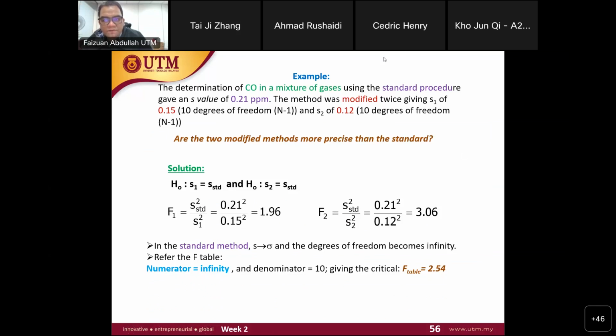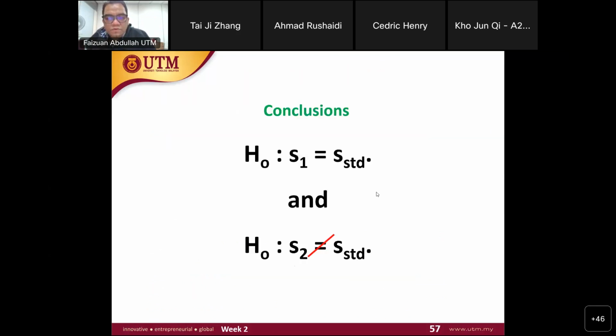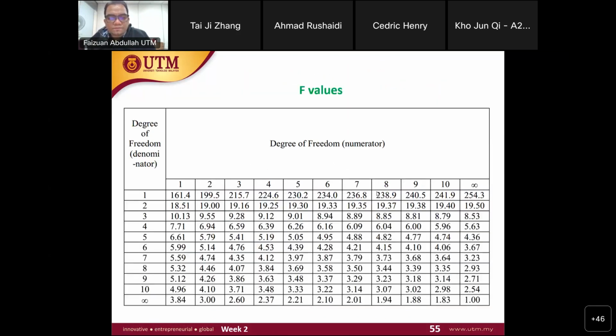How did they get the infinity value here? Because we want to refer to the F table, the degree of freedom of the numerator.